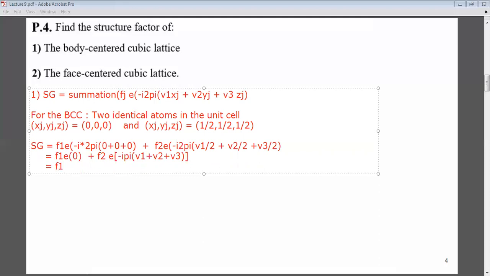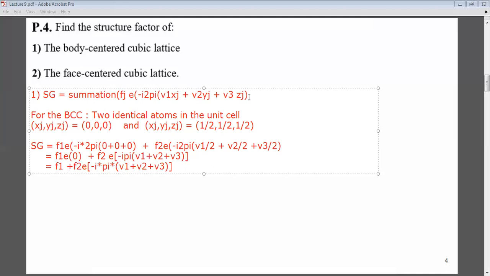So I get F1 plus F2 exponential of minus I pi into V1 plus V2 plus V3.